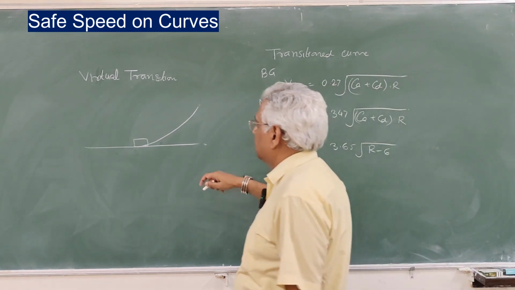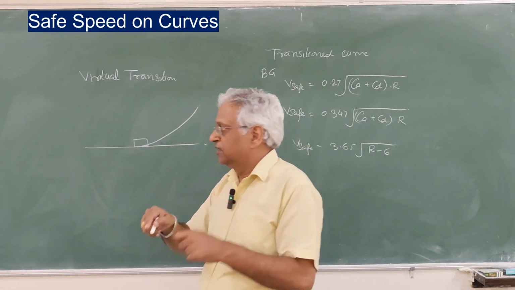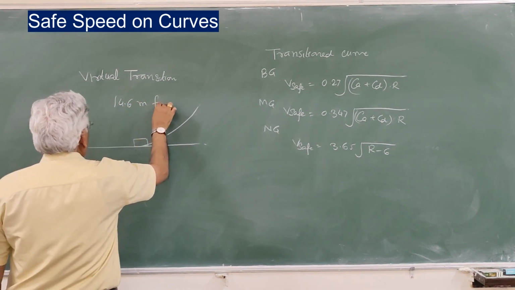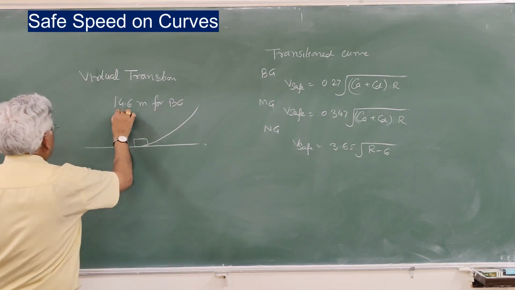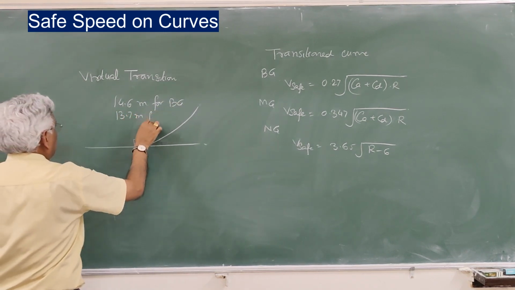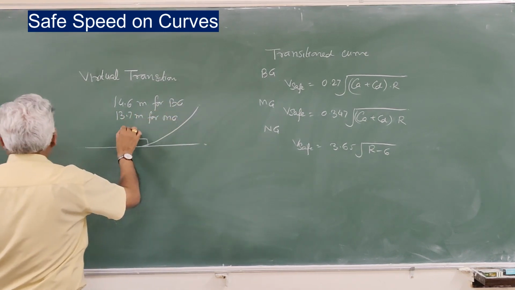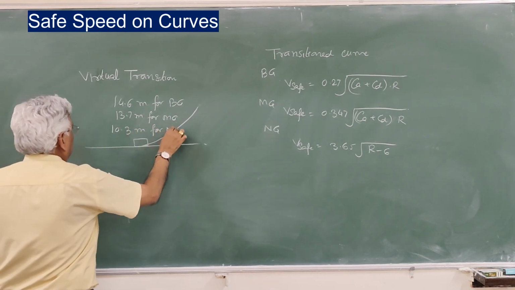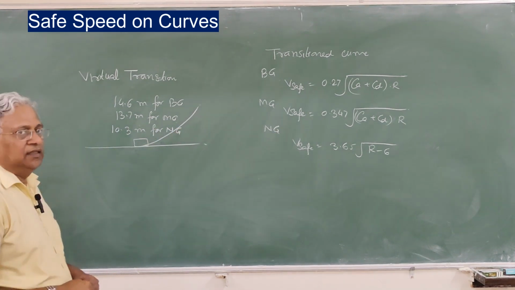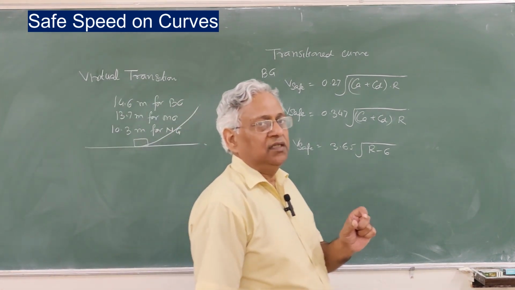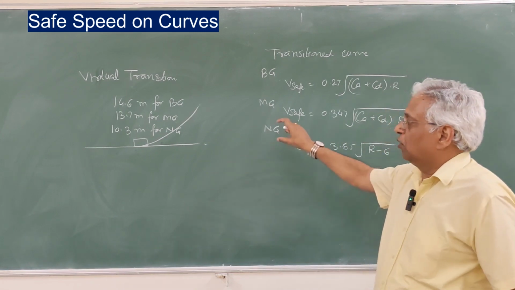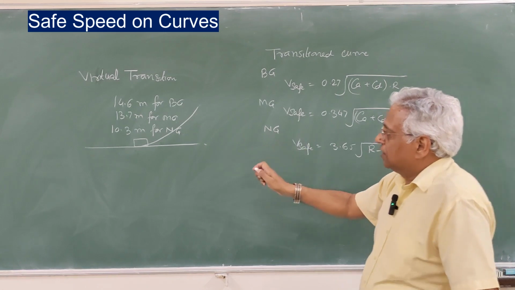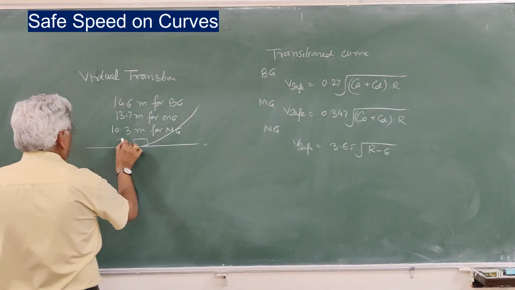This length, the center to center distance between the bogies, is 14.6 meter for broad gauge, 13.7 meter for meter gauge, and 10.3 meter for narrow gauge. The criterion is that the cant deficiency should be attained within a virtual transition of this center to center distance between two bogies.